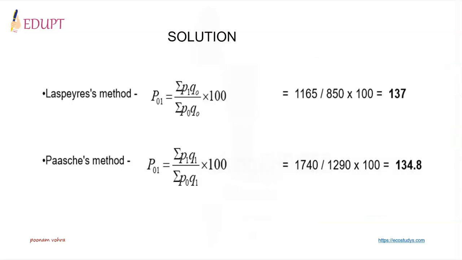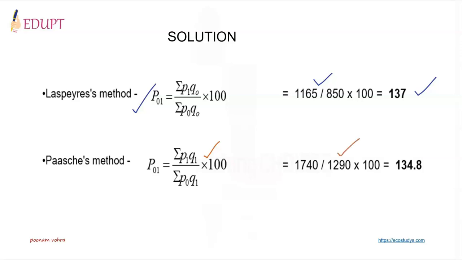Laspeyres method formula is sigma P1 Q0 divided by sigma P0 Q0 into 100. Substituting the values and after calculating it, we find it is 137. So far as Paasche's method is concerned, the formula is sigma P1 Q1 by sigma P0 Q1 into 100.